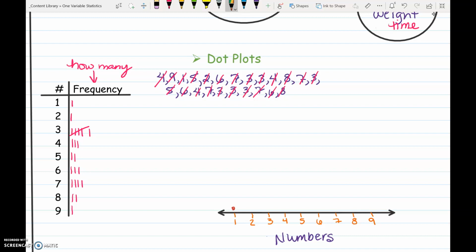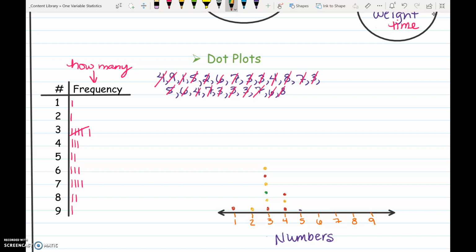So I had 1, 1, 1, 2, 6 threes, 3 fours. I'm going to try and keep these kind of parallel to one another.